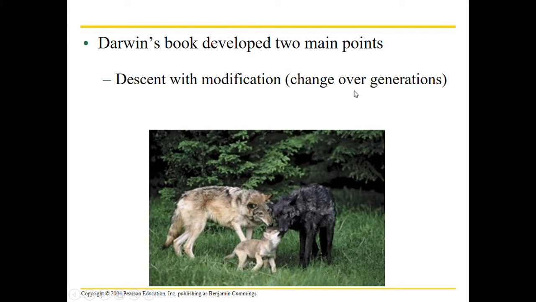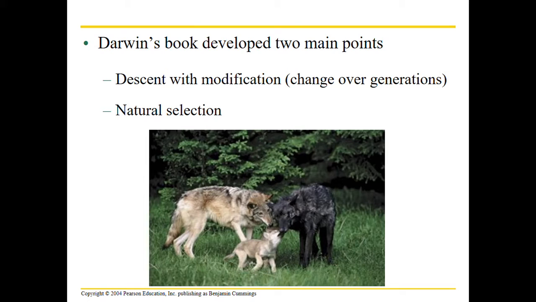But what Darwin's book did is it made two big points: descent with modification, so change over generations. Change isn't going to happen immediately, and it's not going to happen like, hey, I like this characteristic, let's keep this characteristic.